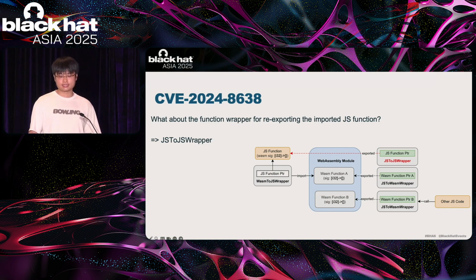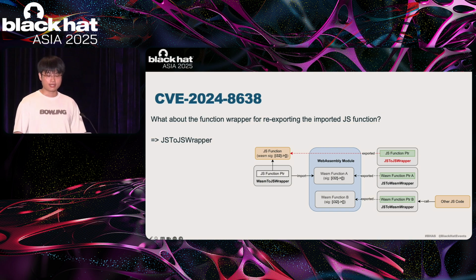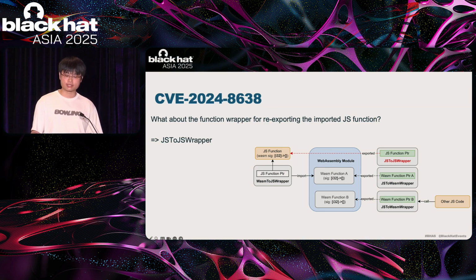In this case, since the final call chain goes from JavaScript to JavaScript, with WebAssembly merely acting as an intermediary, the wrapper used is the JS2JS wrapper. This makes sense because both the caller and the target function are in JavaScript, even though the function undergoes an import into WebAssembly before being exported again.